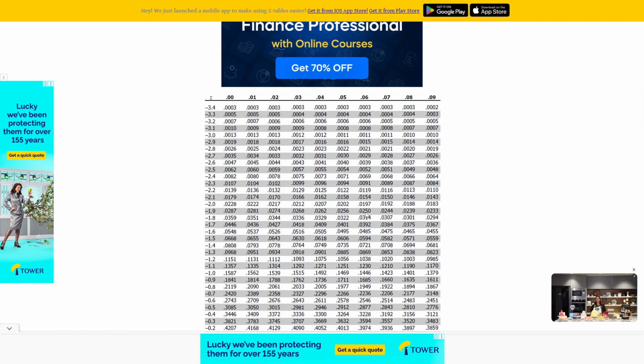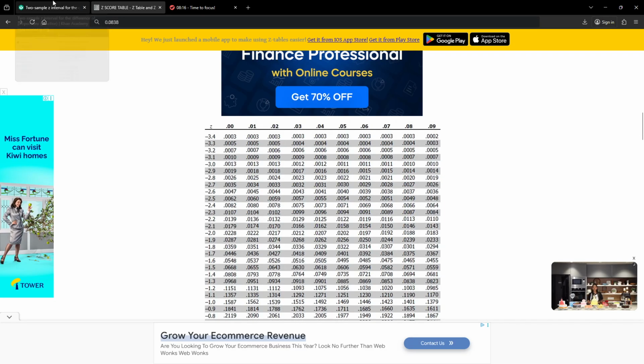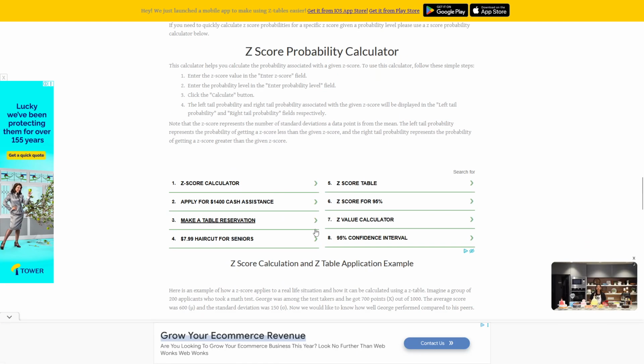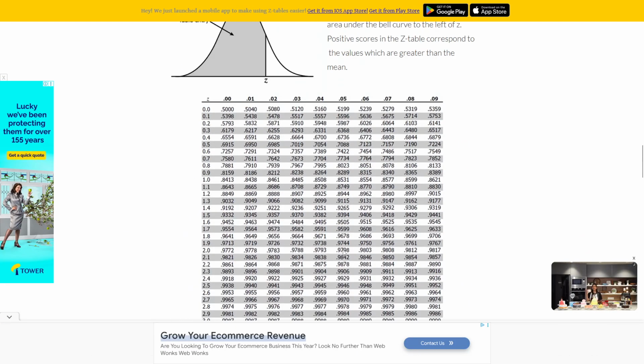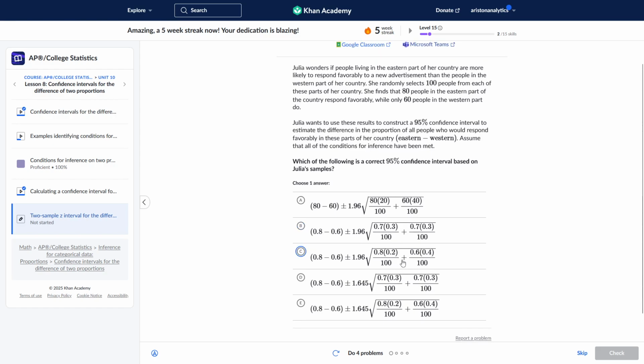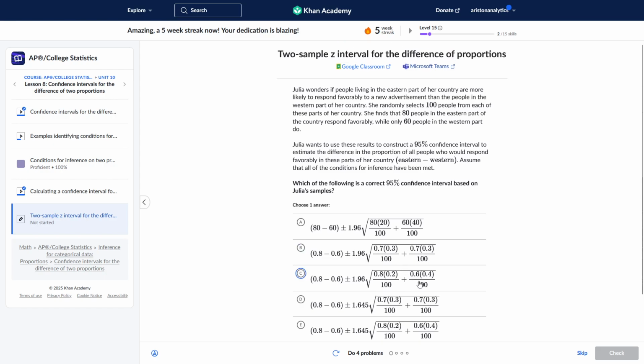Okay, negative 1.96. Is that right? Yeah, that's right. Okay, 1.96. And then differences here are in sample 1, 0.8 and 0.2.